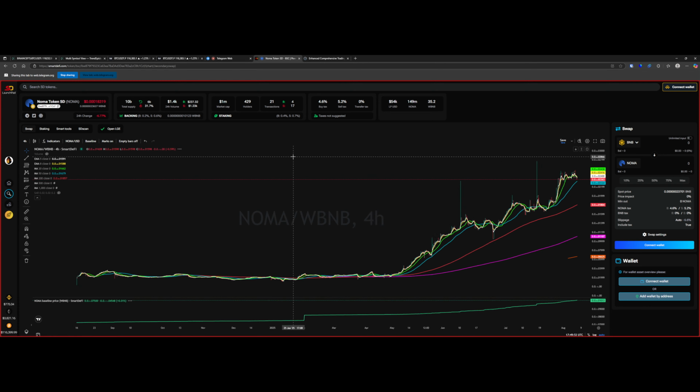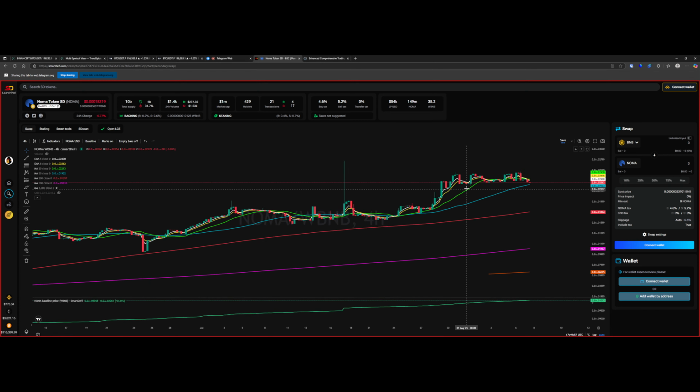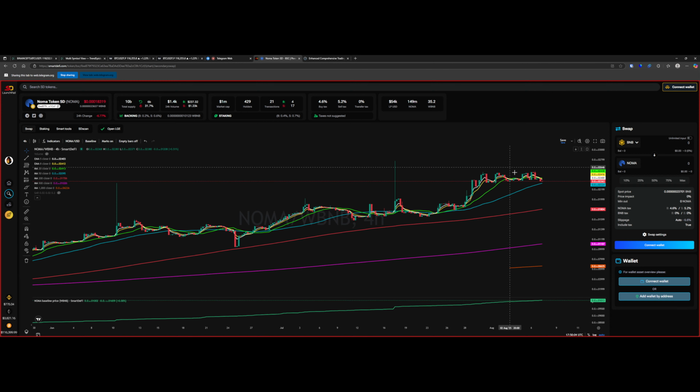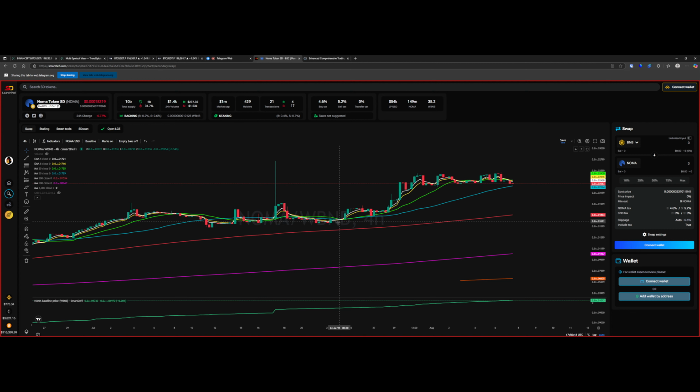This is the 4 hour chart of NOMA. I pulled up the 4 hour because I see the activity here at the 50. I'm running the 20, 50, 200, 500, and 1,000. You get a nice pop off the 50 MA, a nice little continuation off the 20. These are things we would look at on anything else we've looked at today.